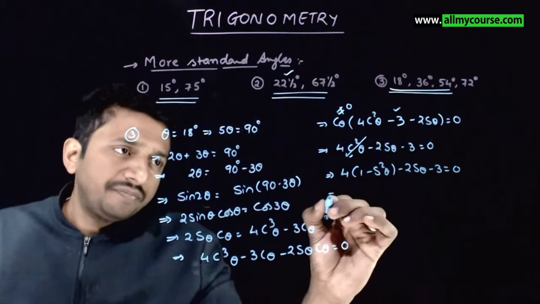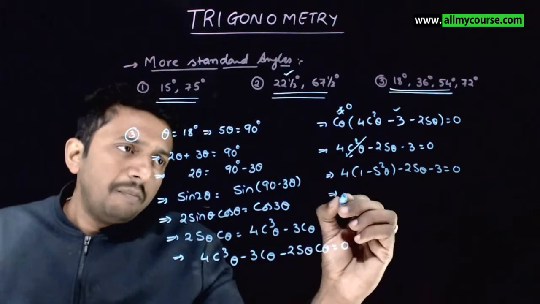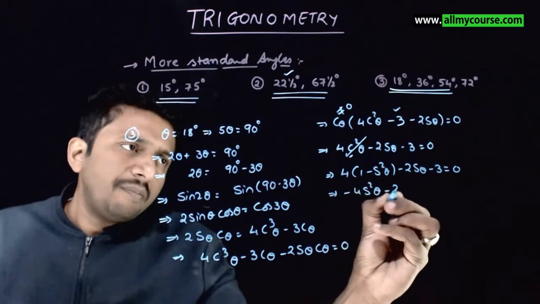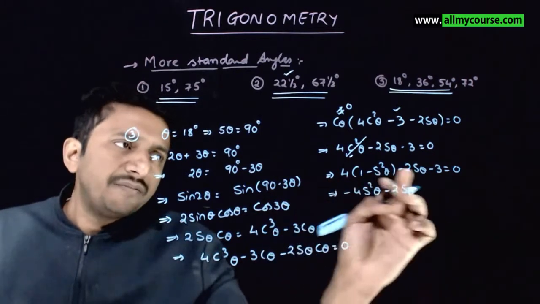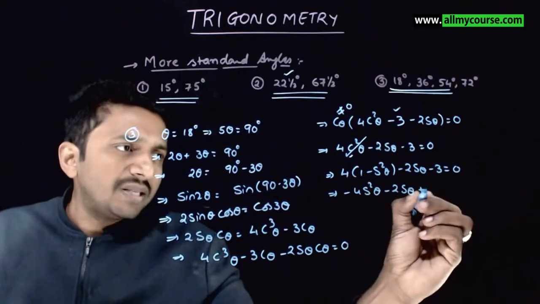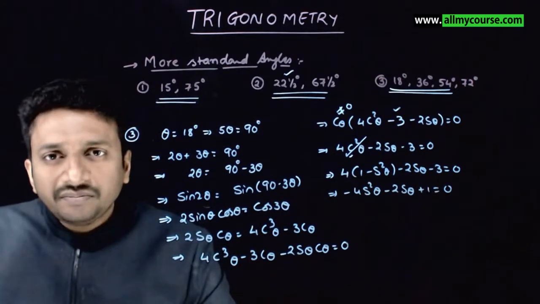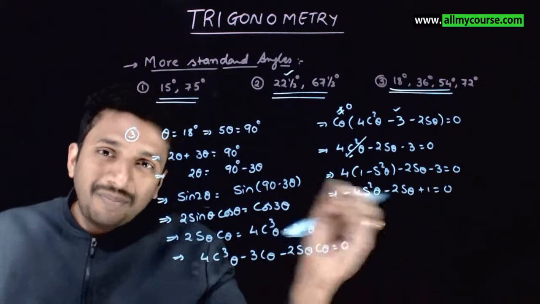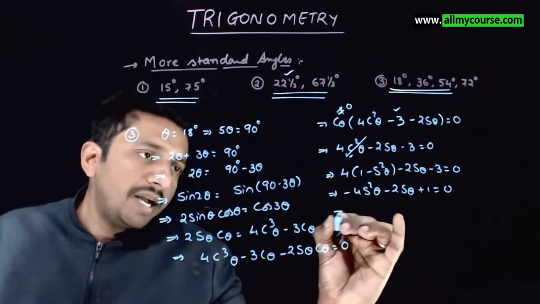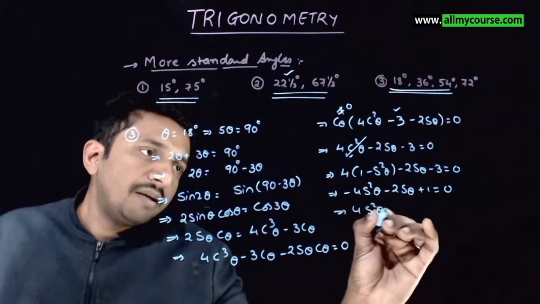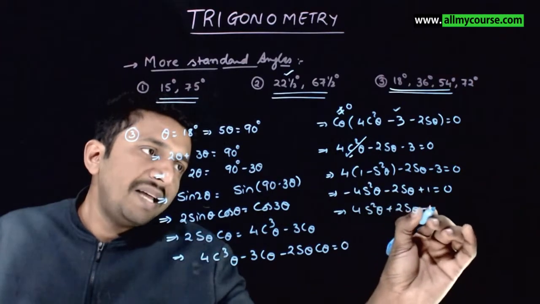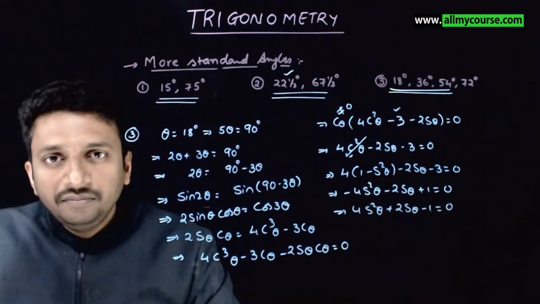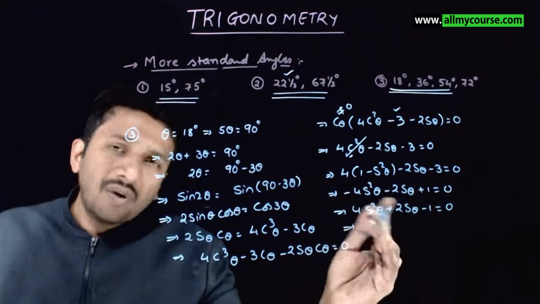If you simplify this, minus 4 sin square theta minus 2 sin theta plus 4 minus 3, which is plus 1, is equal to 0. If I multiply this equation uniformly by minus 1, you get 4 sin square theta plus 2 sin theta minus 1 is equal to 0. And this is a quadratic equation.